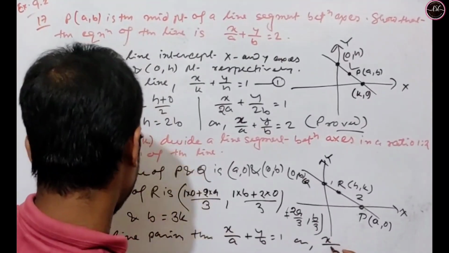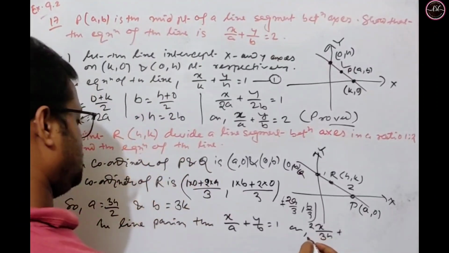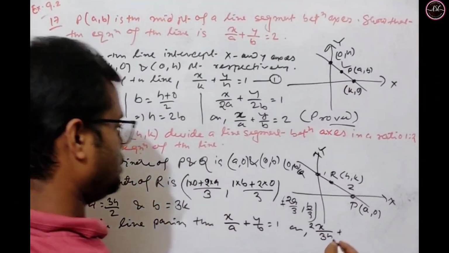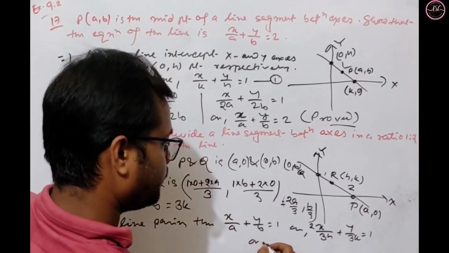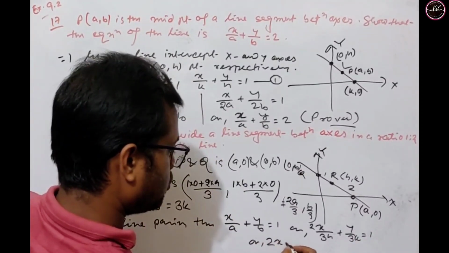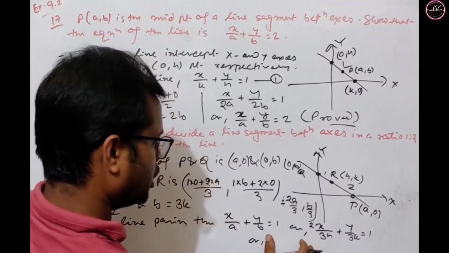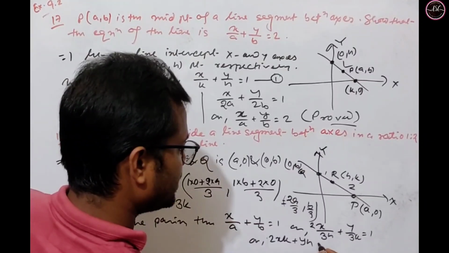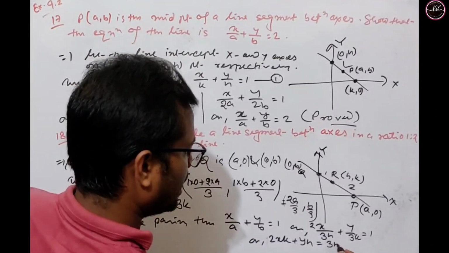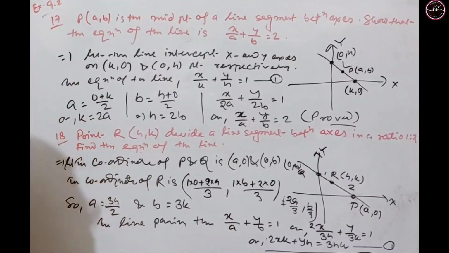So x by 3h by 2 plus y by 3k equal to 1, or this can be written as 2xk plus yh equal to 3hk. This is the equation of the line.